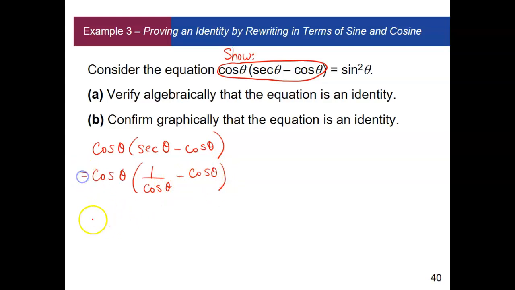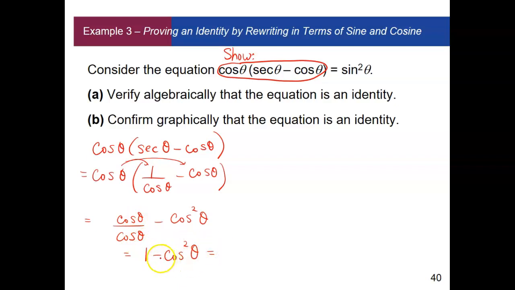Okay, so next I want to distribute this. So I'm going to have cosine over cosine minus cosine squared. Okay, from here I've got cosine over cosine is 1.